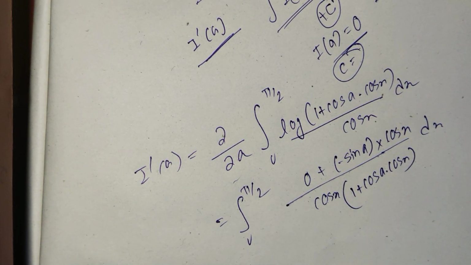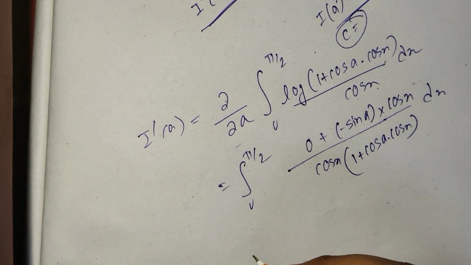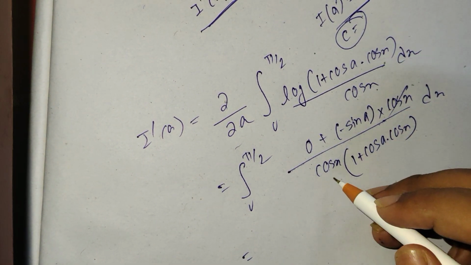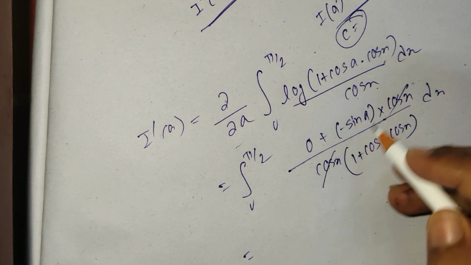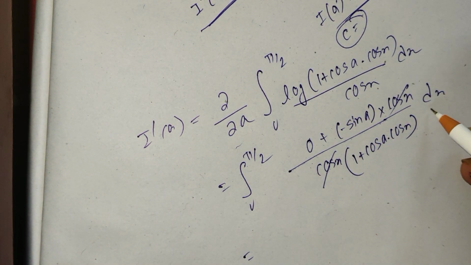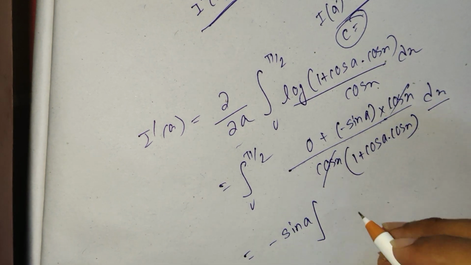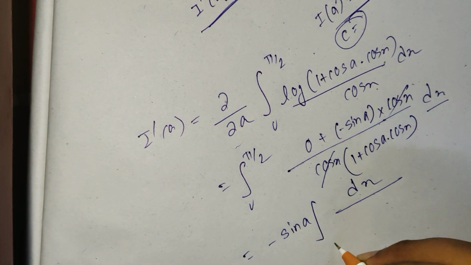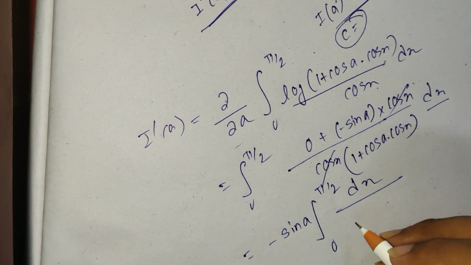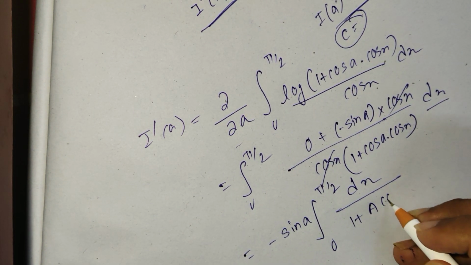Because if we are talking about differentiation with respect to a, then x or any kind of function, whether fx or gx or whatever it is, will be treated as constant, right? So this is the differentiation. Now you can see easily that cos x and cos x will be cancelled out, and sin a will be treated as constant because we are doing the integration now, right? So minus sin a into the integral from 0 to pi by 2 of dx by (1 plus A cos x).